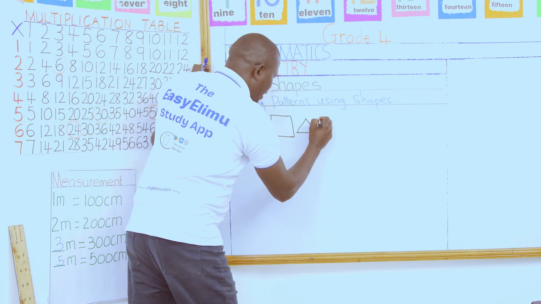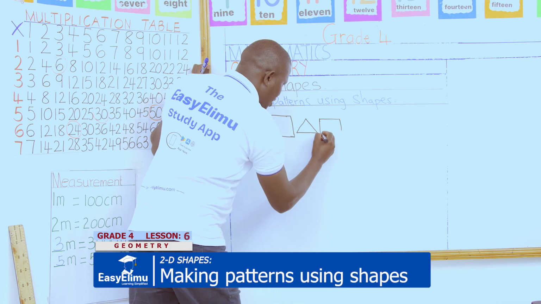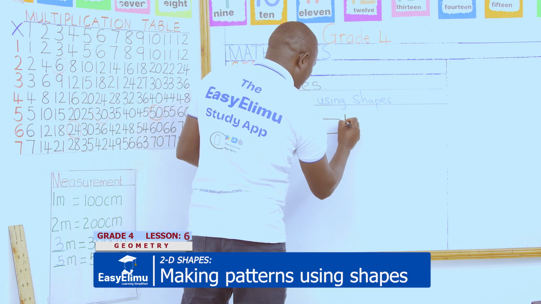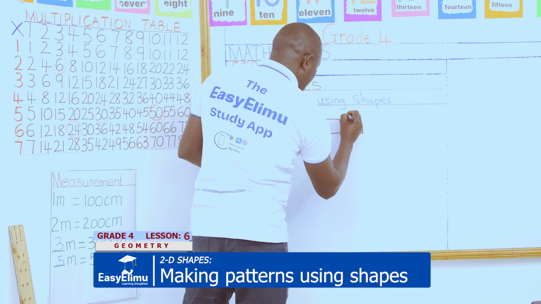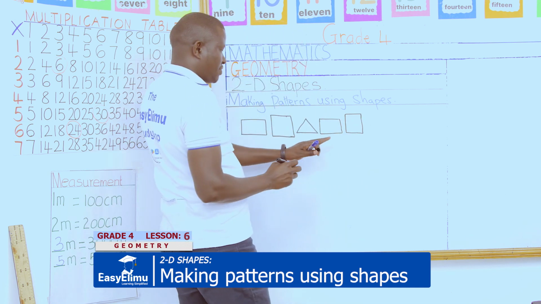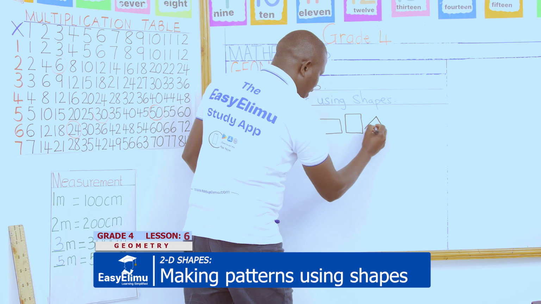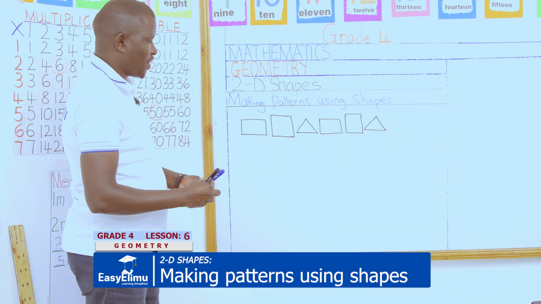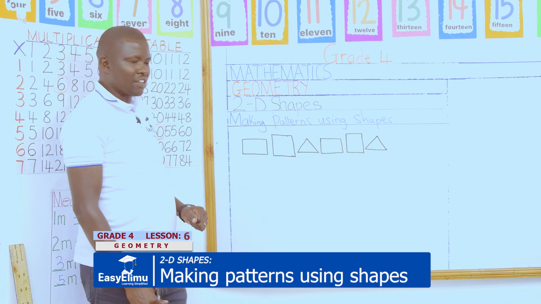We have a rectangle following. Rectangle starts again from that side. After a rectangle now, we have a square. We have a square following. After a square, what is following is a triangle. And the order again continues. That is what we have arranged on our table, and the shapes continue arranging themselves.